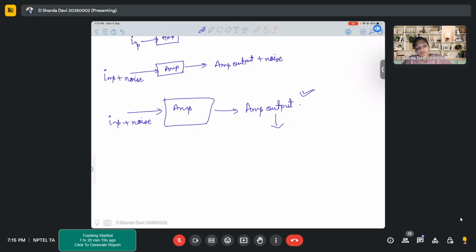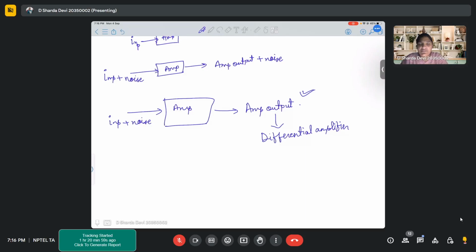To solve this problem, researchers came up with something called a differential amplifier. Have you ever heard of a differential amplifier? What is the idea that you have of a differential amplifier? Difference between two signals. Okay, what is the simple differential amplifier that you know?